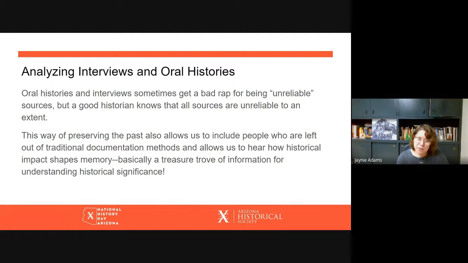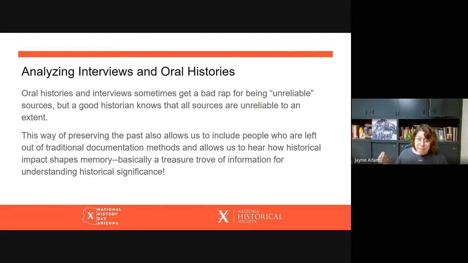So this way of preserving the past, oral history and interviews, allows us to include people who are left out of traditional documentation methods, and allows us to hear how historical impact shapes memory. So history and memory are different but interrelated concepts.